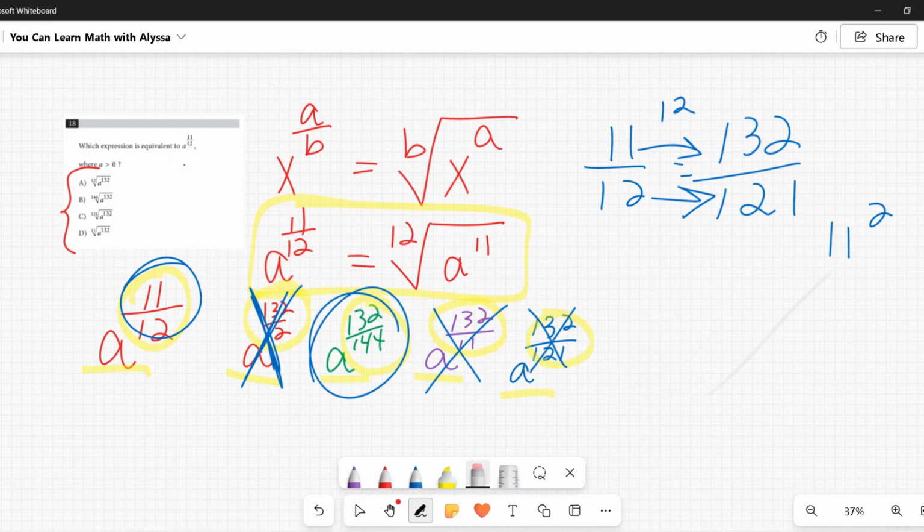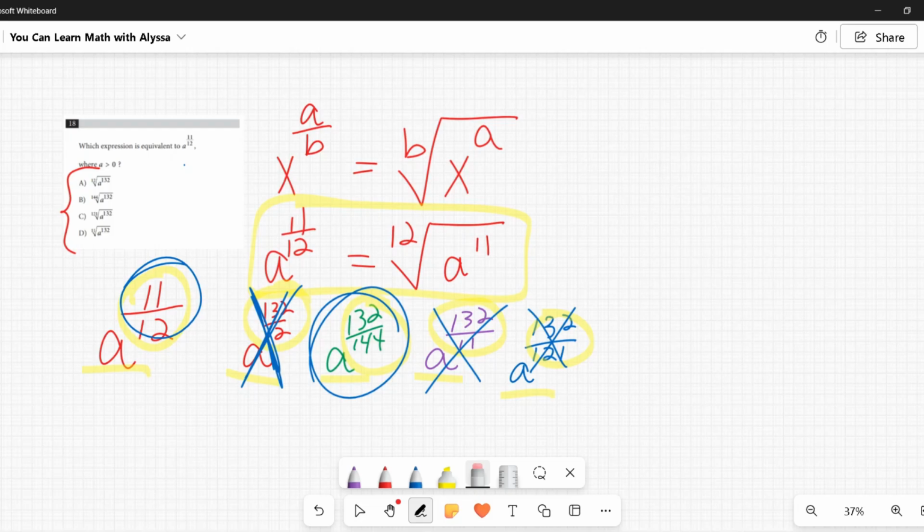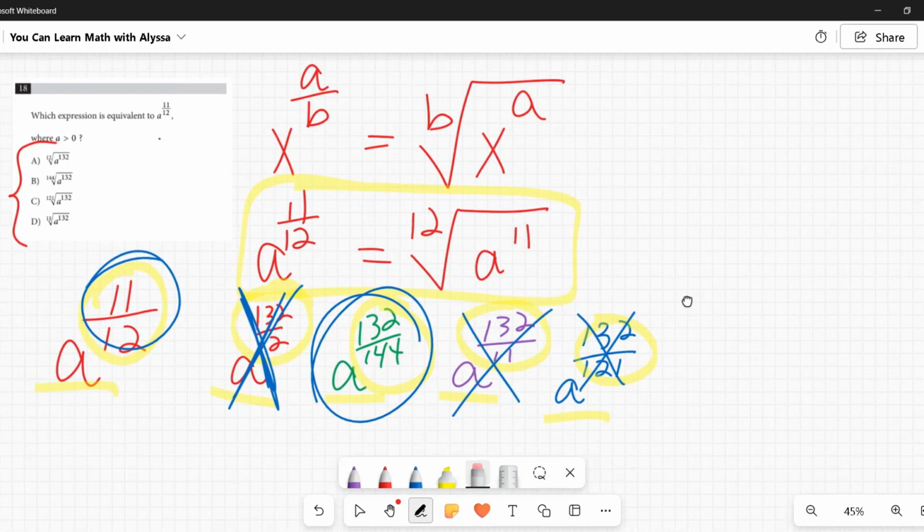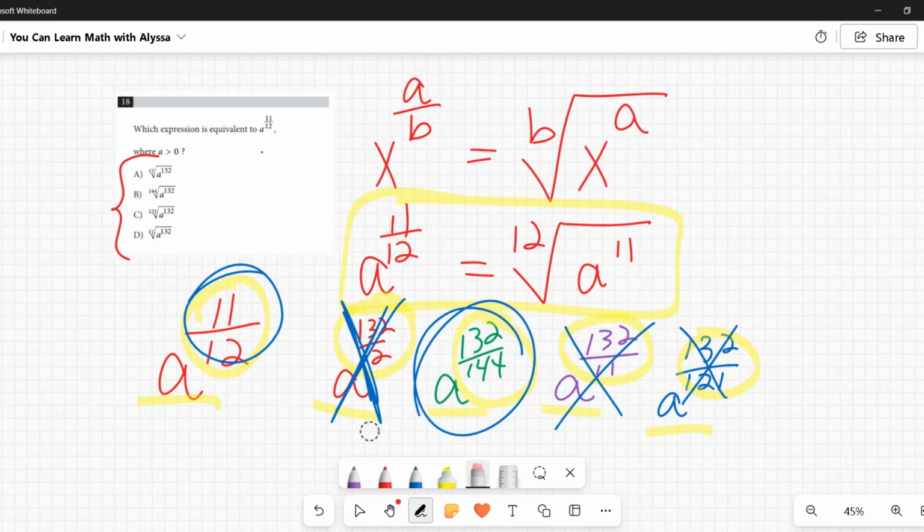Now I will say, if you didn't want to do that math, there is a little logic way that you could look at these four contenders. Again, we've established that it is B, the 144th root of a to the 132nd power, which is the same as a to the power of 132 over 144.